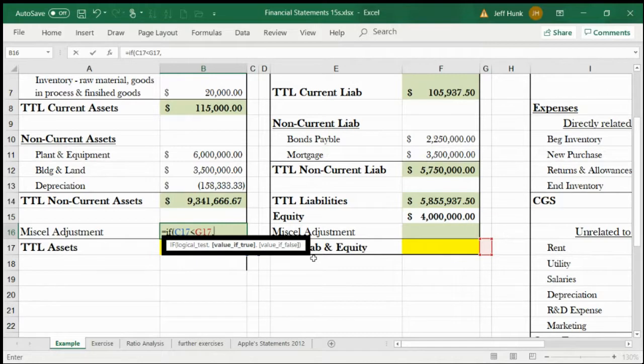And so if this side is smaller than that side, then we take the difference between G17 and C17, okay?